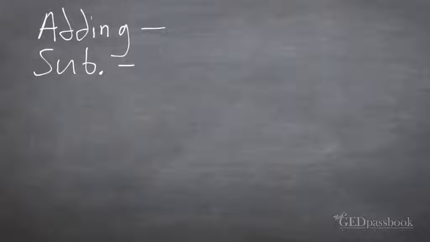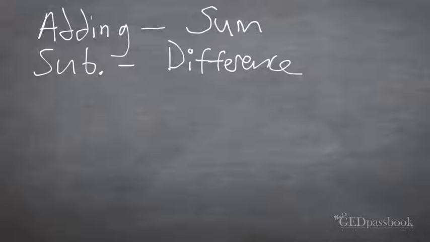What is it that we learned? The key words, that's the important thing to take away from everything. The key word for adding was sum. The key word for subtracting was... difference.